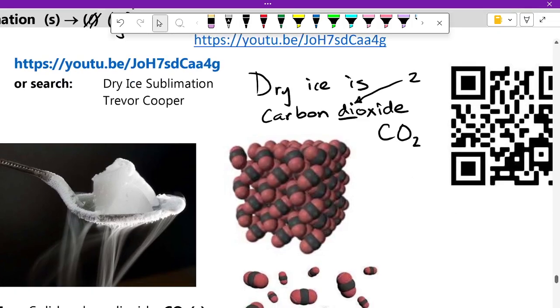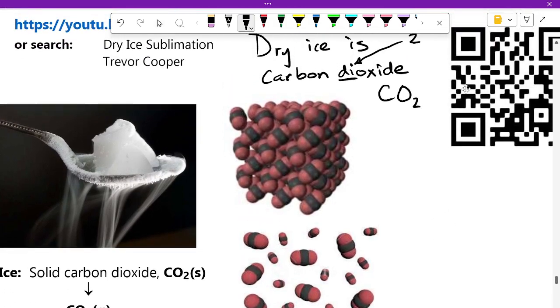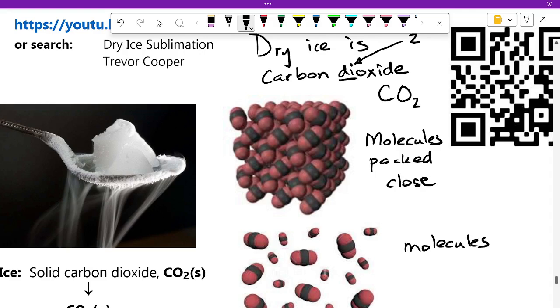So you can see we've got carbon dioxide molecules, and just like when something evaporates or boils, the molecules are closely packed. And now the molecules are separated. But did we break the molecules apart? Or did the molecules stay intact?